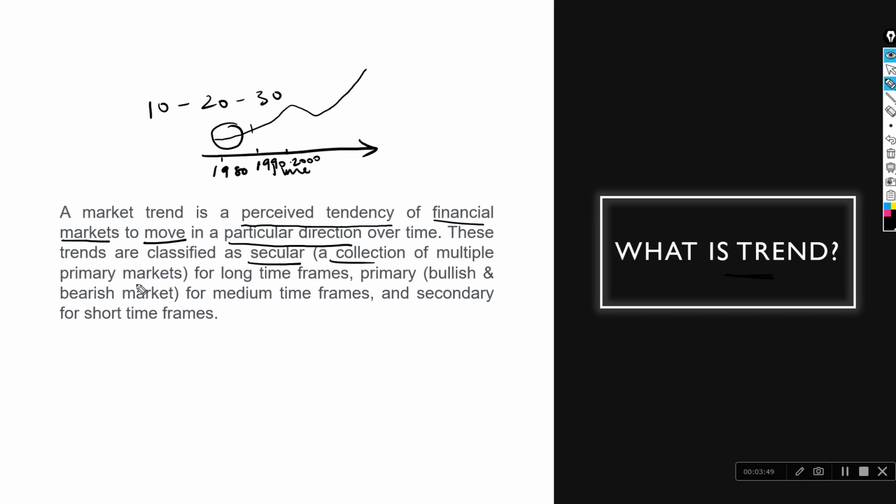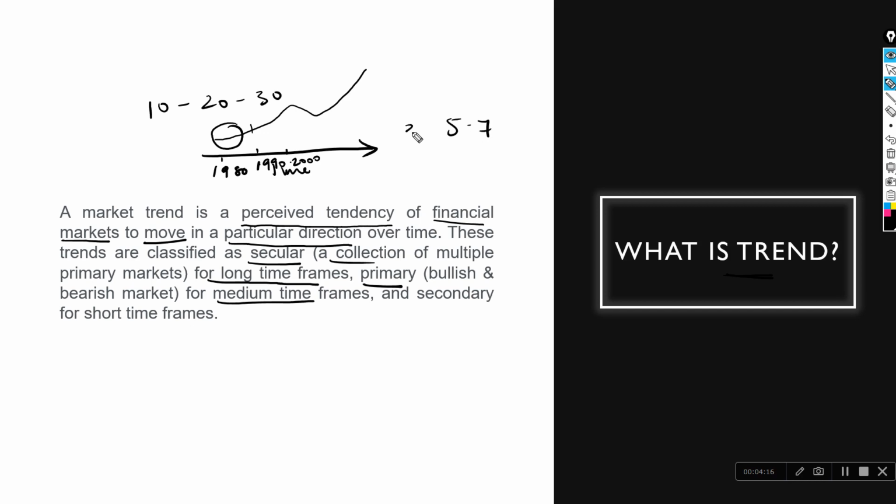Let's understand that. As I said, a secular market is for long time frames, that is decades. Primary market is for medium time frames. Now primary, as you can see, is called bullish and bearish market. We'll understand what a bullish and a bearish market is, but please understand that primary specifies how a market is moving within a medium time frame, say 5 years or 7 years.